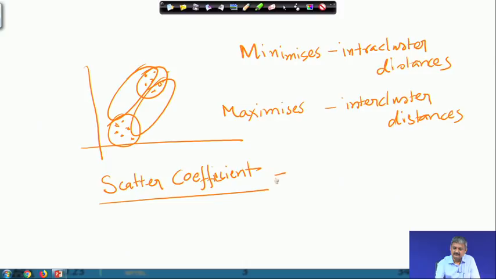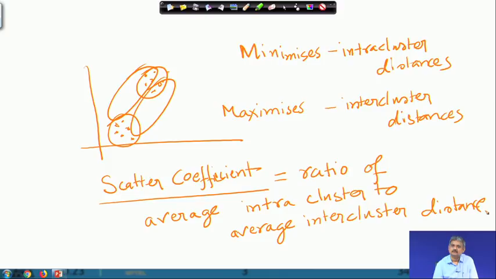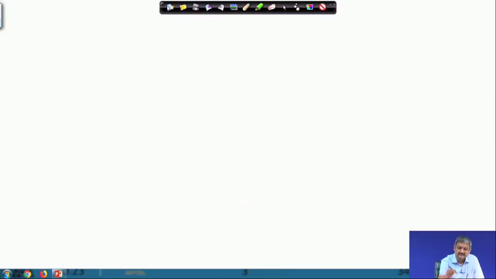It is the average distance. So, how do you calculate it?